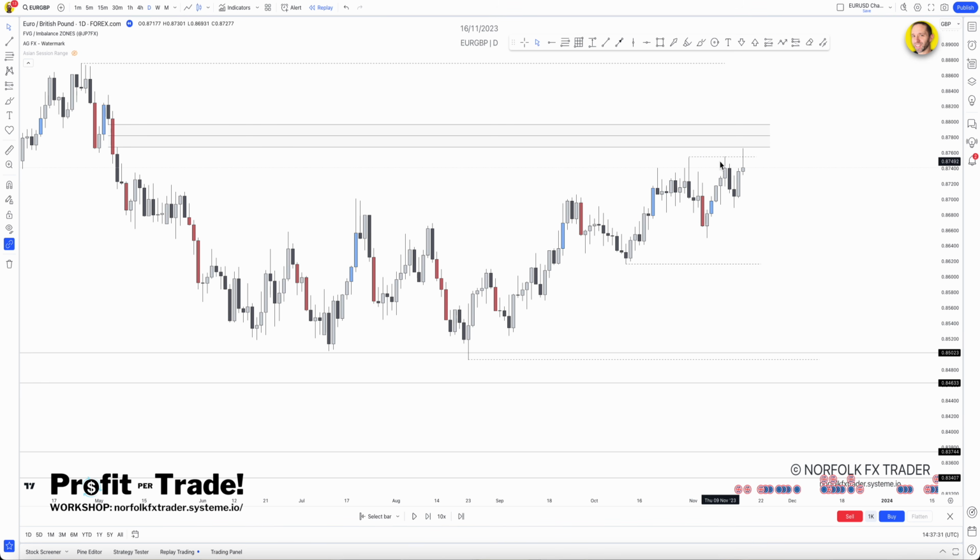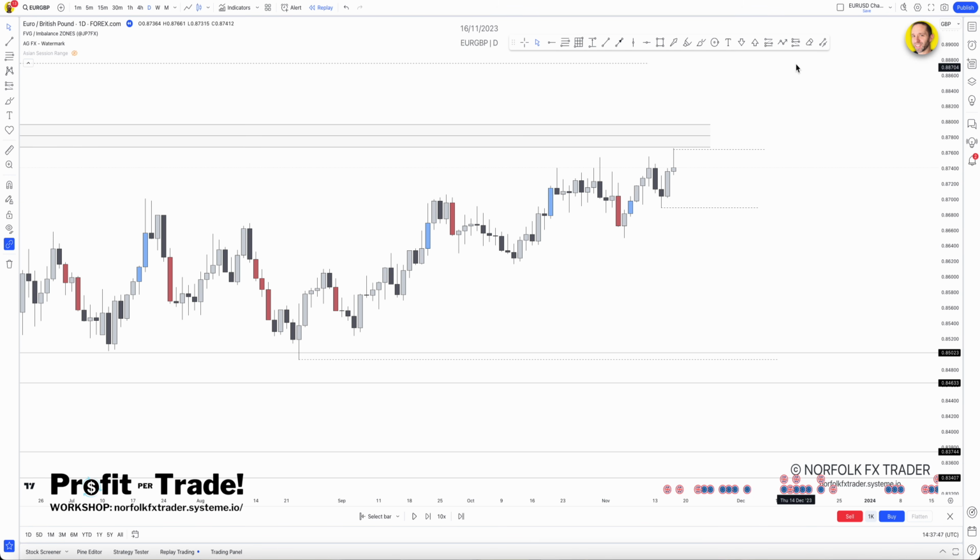Okay, so we do push above. So now we have this as my current range high, and this becomes my range low. Why? Because we have now pushed above this high, wicked through. That's my current move in the market. So based on that information, my drawing tool, if we now see a push down, closing through this low, we've got nothing in the way to stop price running to the downside here.